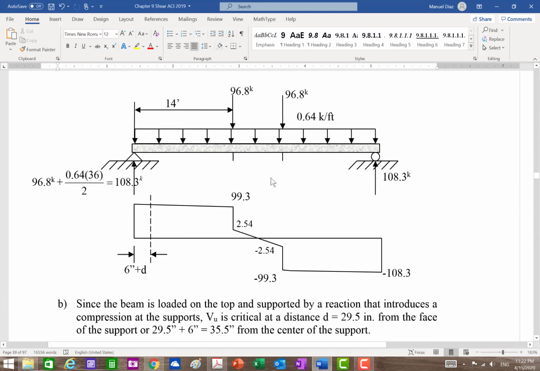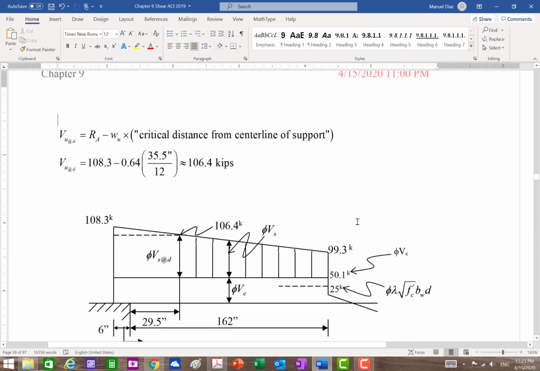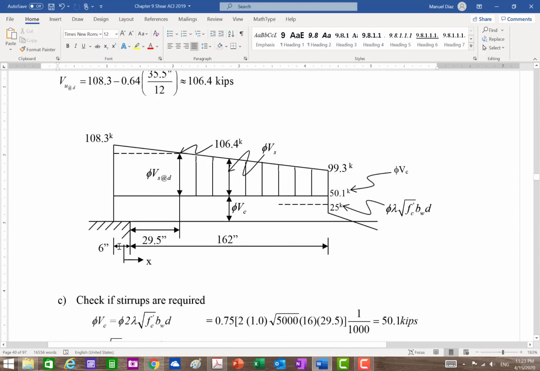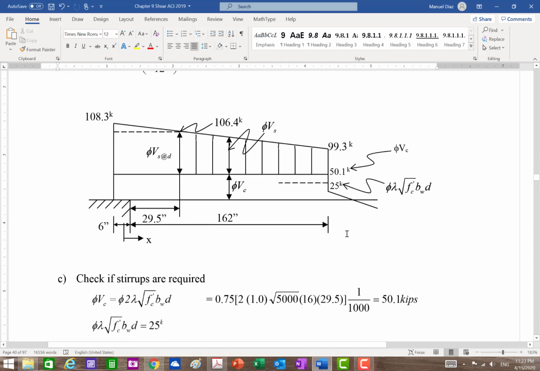And so when we have that length, the rest is the same as how I'm going to find my spacing. It's 14 feet, so we have to cover 168 inches. We have 6 inches to go to the bearing face, and then 162 to cover.